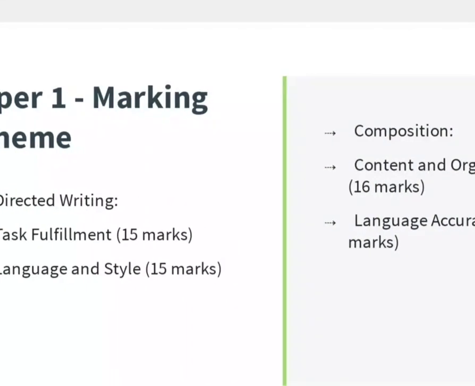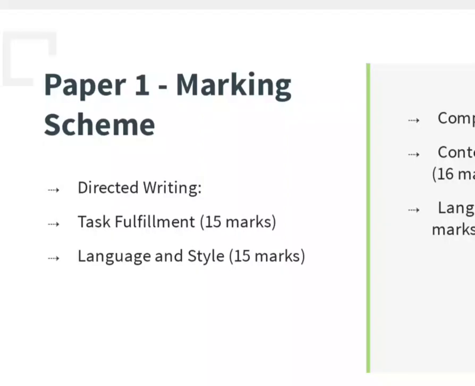Now we'll discuss the marking scheme of this paper. Directed writing: the task fulfillment carries 15 marks and language and style carries 15 marks. It means that the total 30 marks are divided into two portions.